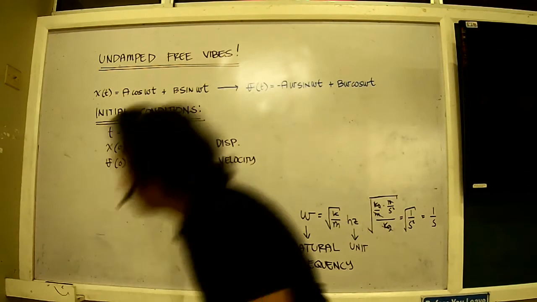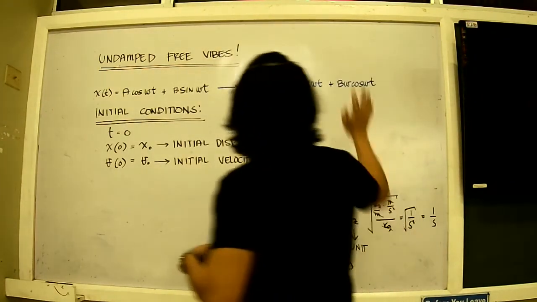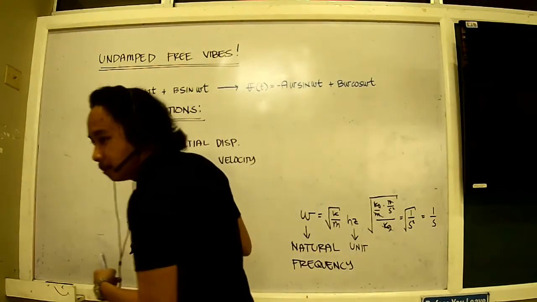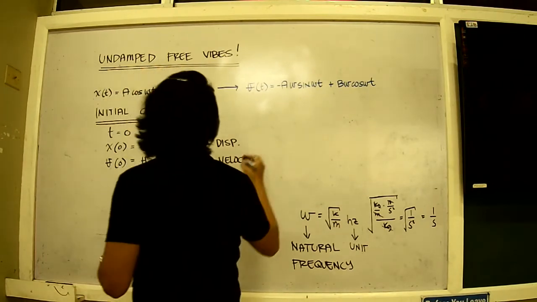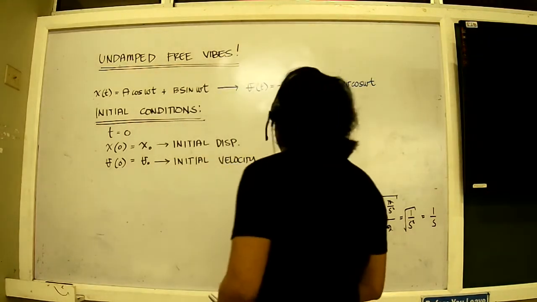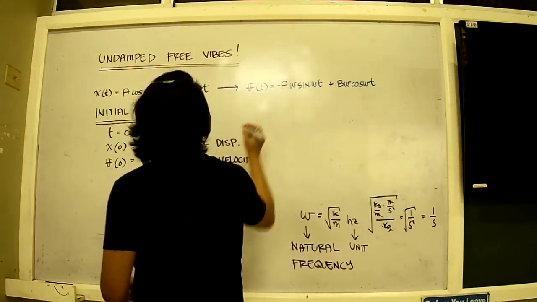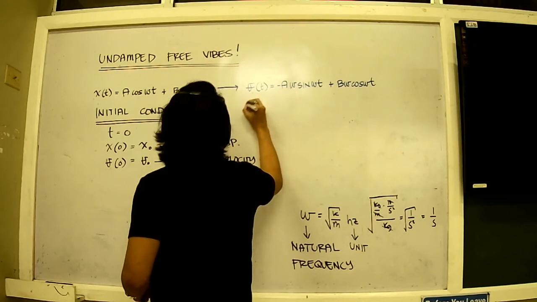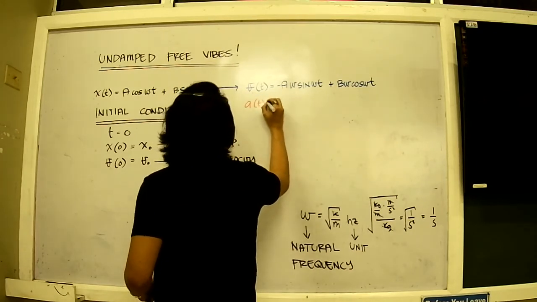I hope that it is still visible, although the light is shining on it, but anyway, I will clarify. Then we have the expression for velocity, and I will differentiate this to get the acceleration function.